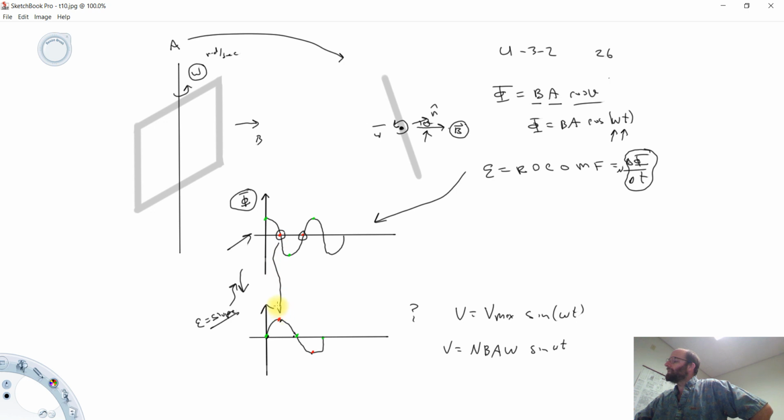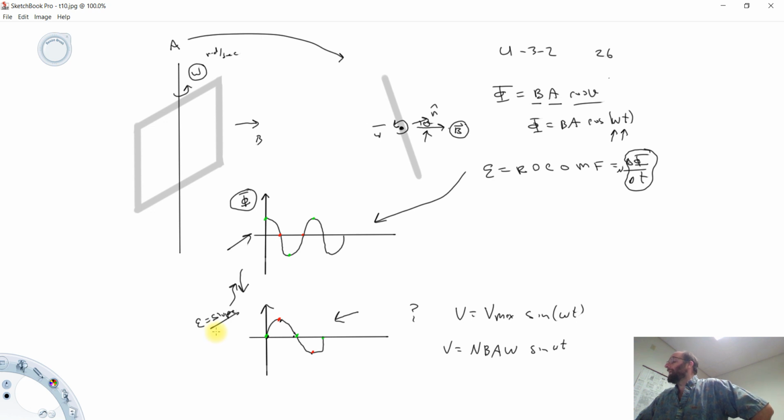And that corresponds to where the flux is a max, and there, where the flux is a max, and so forth. So if we were to graph the rate that the flux is changing, it would look like this. And that's a sine wave. And that's why the voltage is sinusoidal.